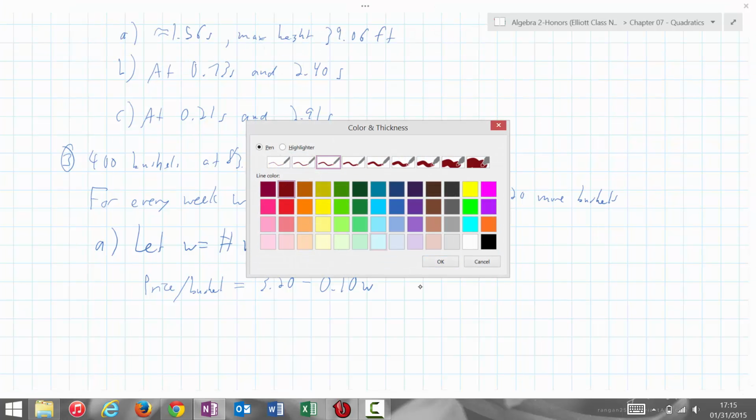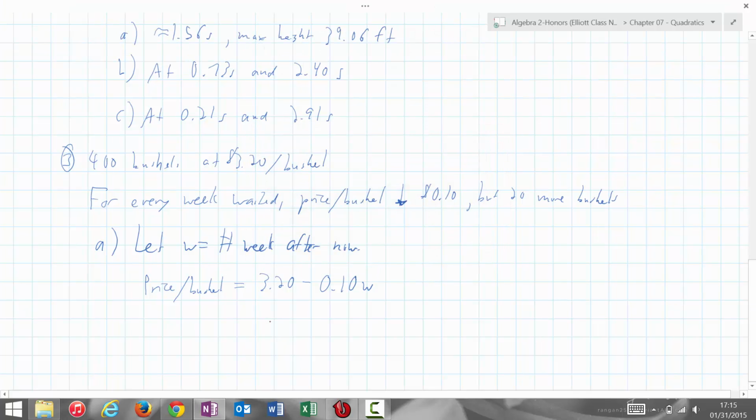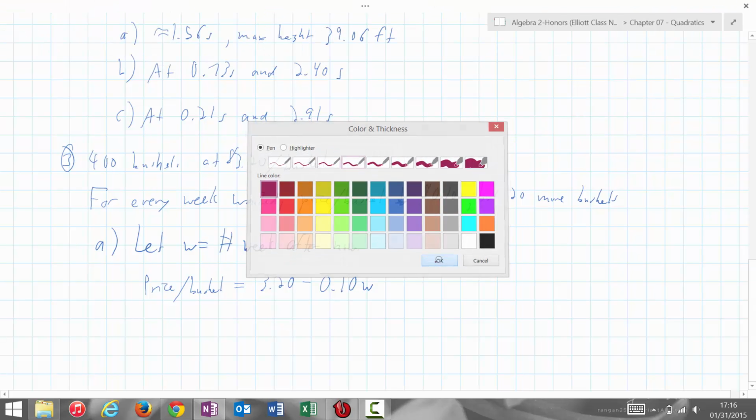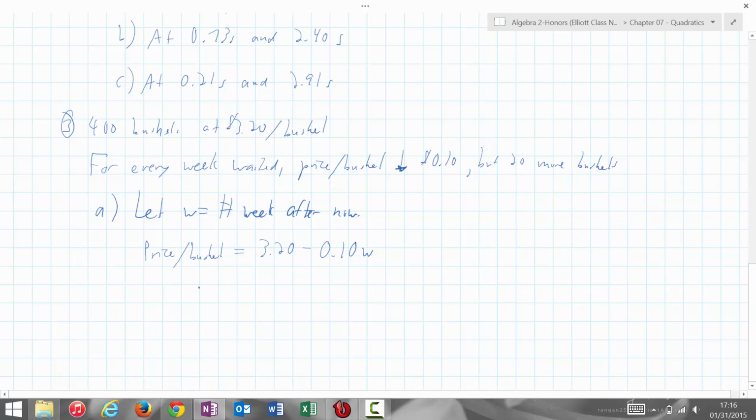Okay, so that's the price per bushel. In fact, I'm going to call that P of W. P per price and 3.20 minus 0.10 W.